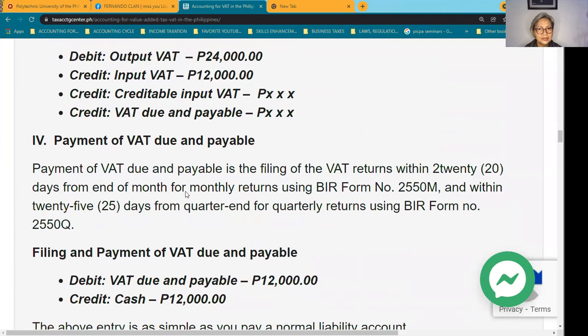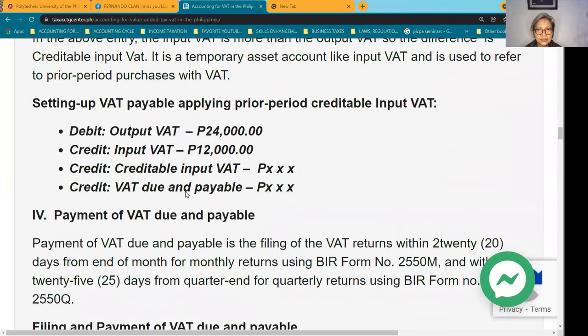Okay? So, merong isa pa siyang illustration dito. Setting up VAT payable, applying prior period creditable input VAT. So kung merong creditable input VAT from prior period, meaning to say, last year, meron kang excess input VAT, ima-minus mo pa rin yun.